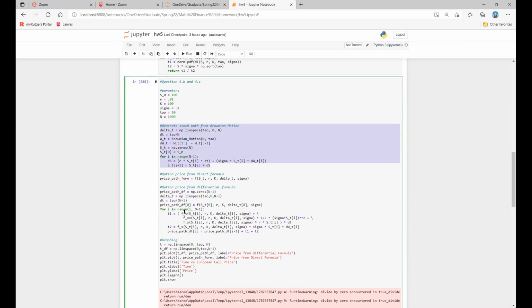T1 is all the terms associated with dt, and term T2 is all the terms associated with the change in the Brownian motion. And the Brownian motion dW, I defined over here.